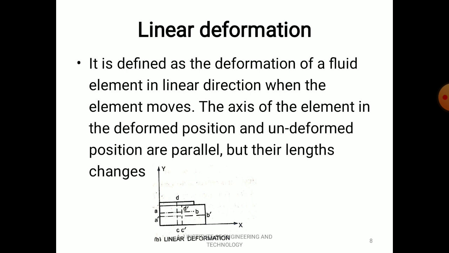Because of the deformation along the linear direction, it goes to a new position. Because of that, A'B' and C'D' are the new axes, but the length of A'B' compared to AB is different, and similarly C'D' and CD. But they remain parallel to each other in the deformed position as well as the undeformed position. Undeformed position means the original position. Deformed position is the final position.